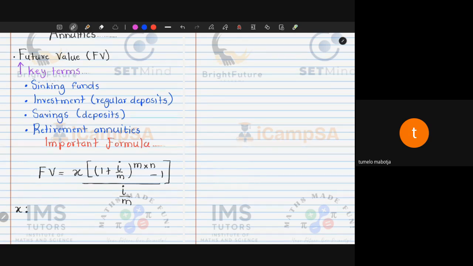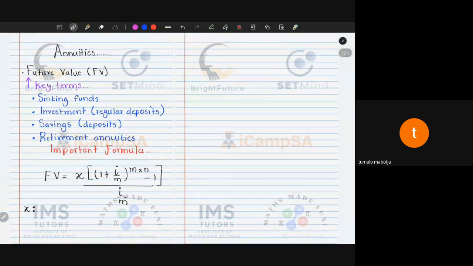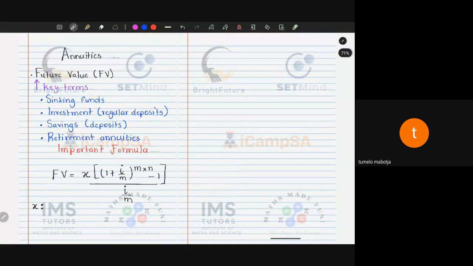So X is the value of the installments. So with these future value problems, what we will be doing is making regular deposits. So this would be the deposit or installment amount.